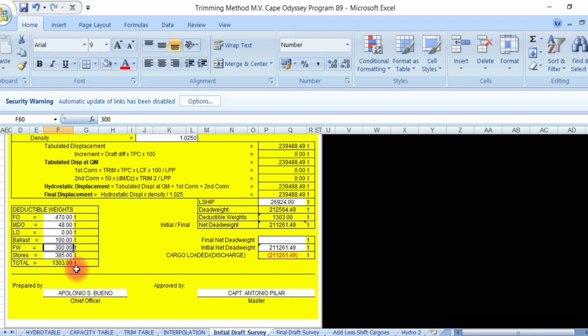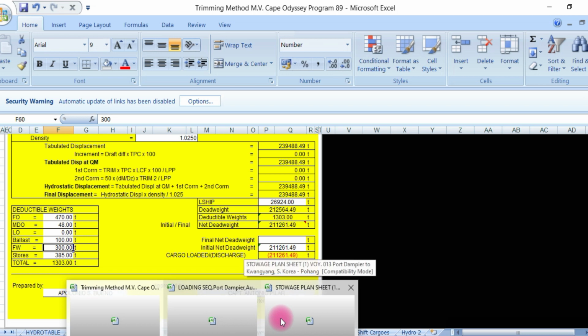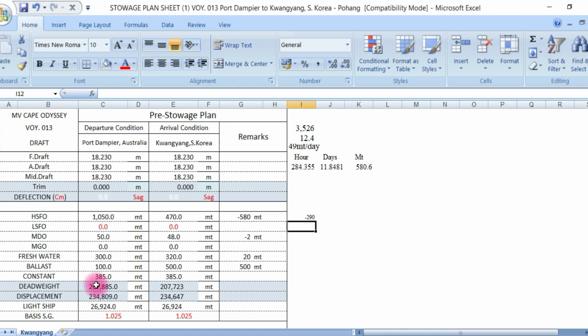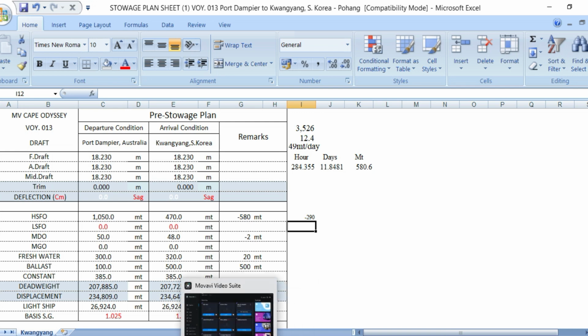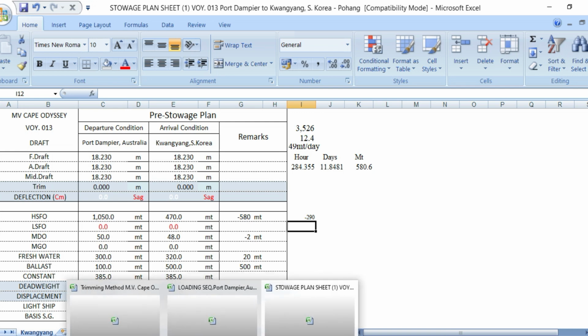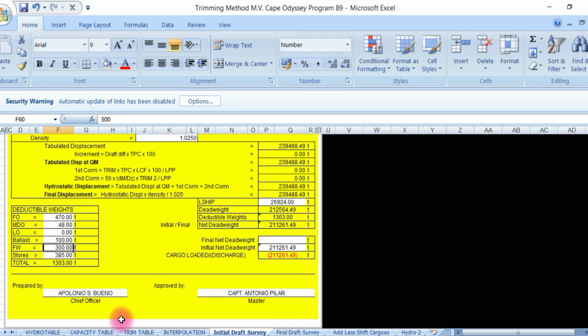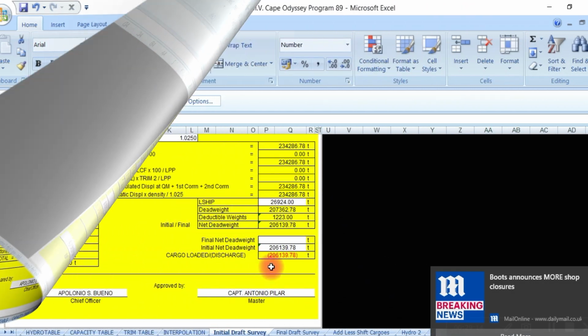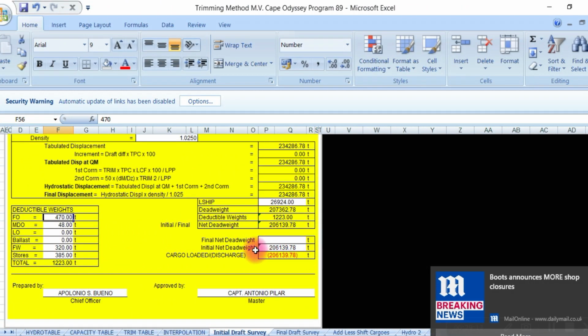Freshwater is 320. From the strip flaps, your total cargo on board is 206,139.